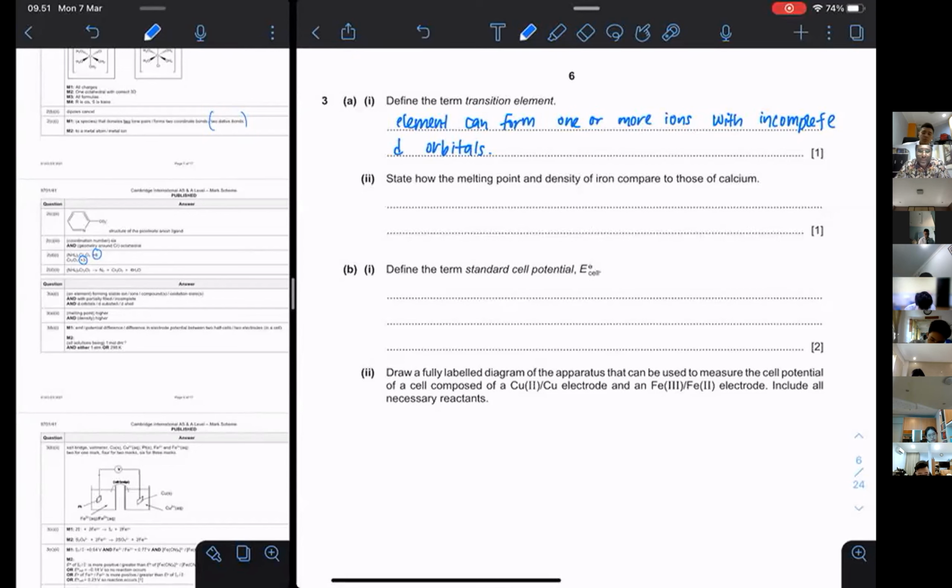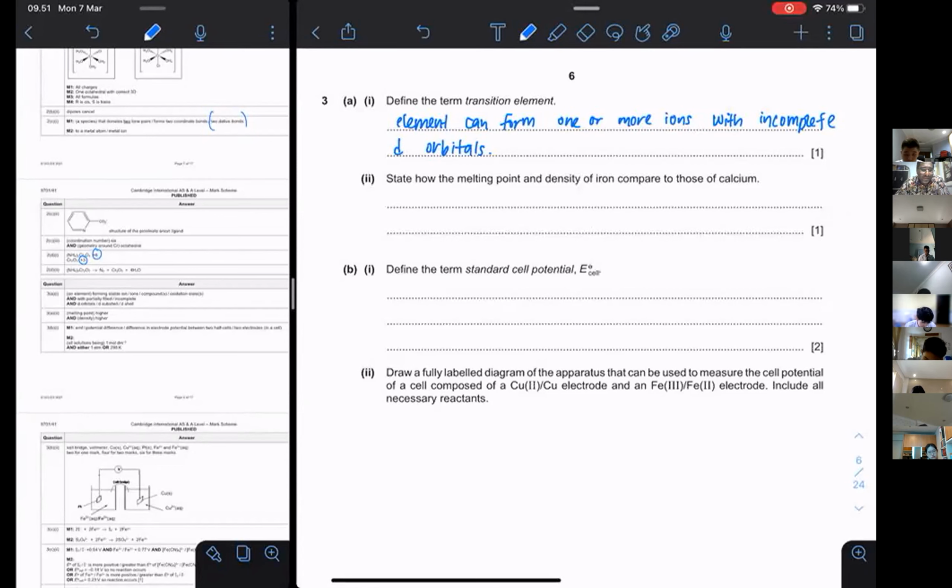If you look at the term transition elements, not all elements are going to be transition elements. Let me quickly refresh your memory. I'll just quickly get my periodic table. For period number 3, you have scandium, titanium, and so on, and it ends with zinc.